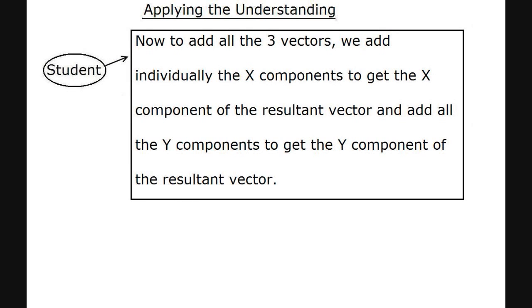Now to add all the three vectors, we add individually the x components to get the x component of the resultant vector, and add all the y components to get the y component of the resultant vector.